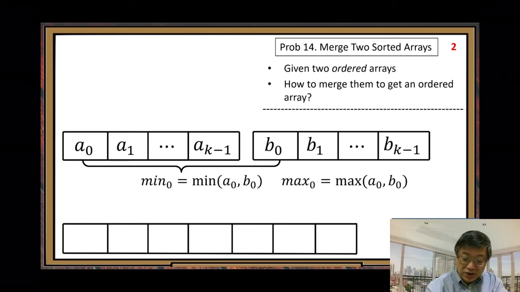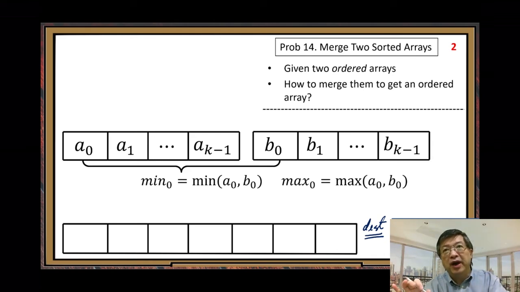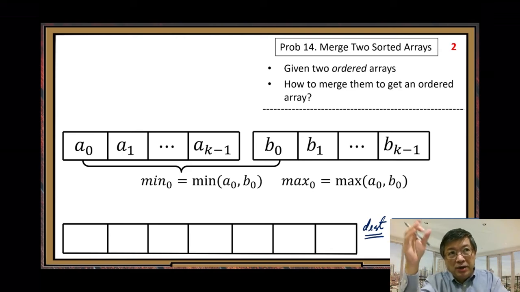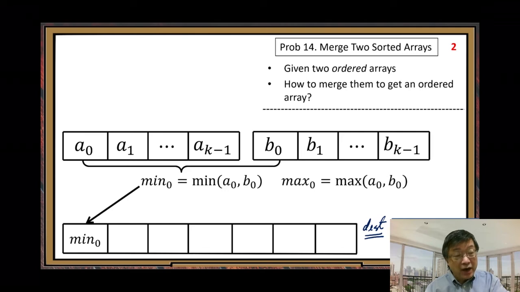So this is our destination array, merging two ordered arrays. So we create a new empty destination array, and then we will put elements one by one in this destination array. The first one we can place there, the min 0.